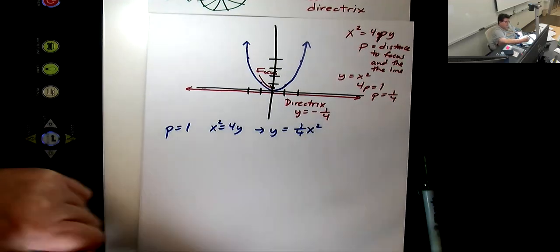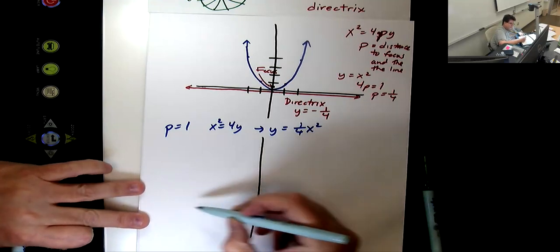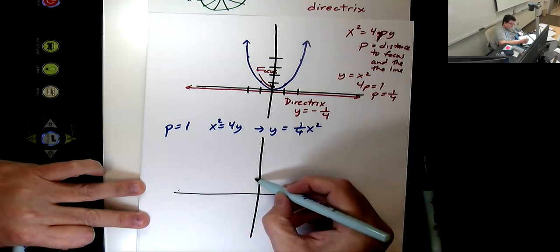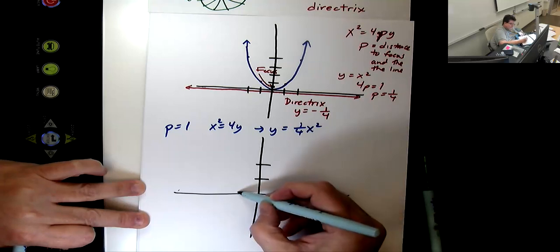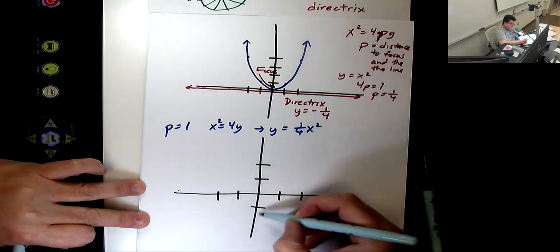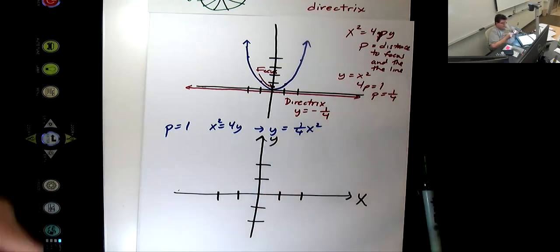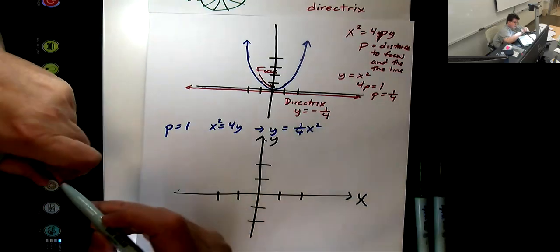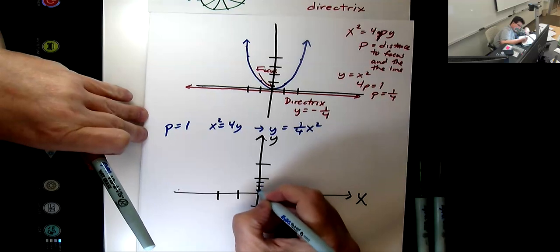Maybe grabbing this will make it look a little bit better. So when x equals 1, y equals 1/4, really small. I need to cut that in half and then half again.